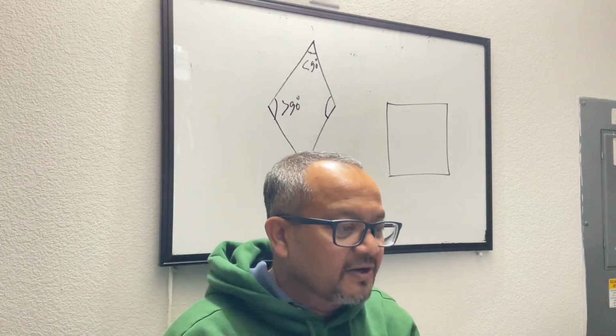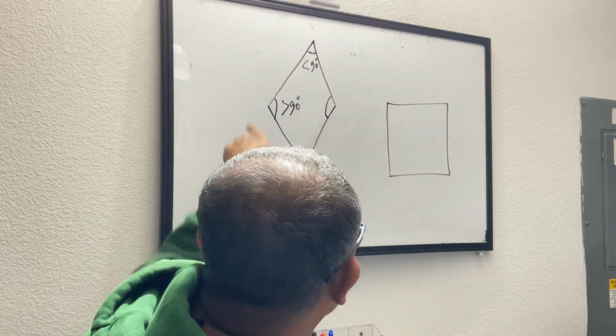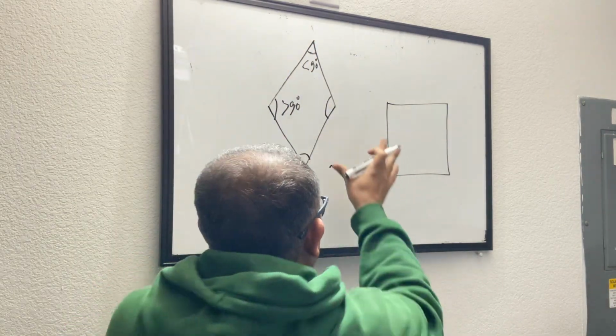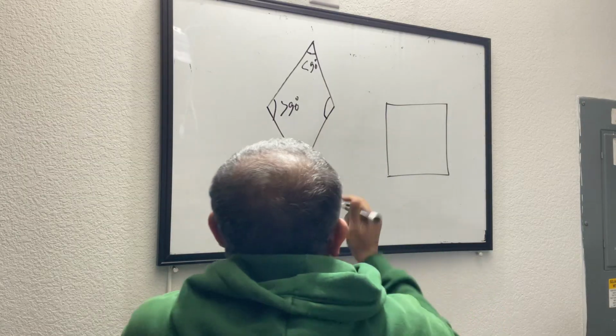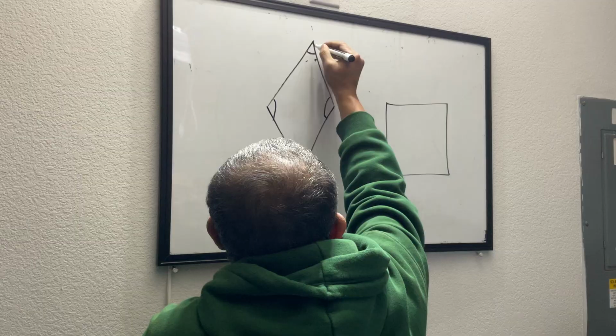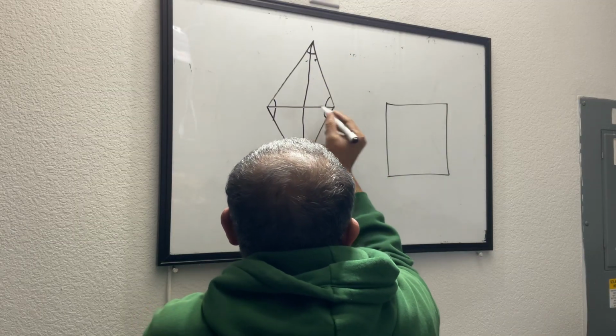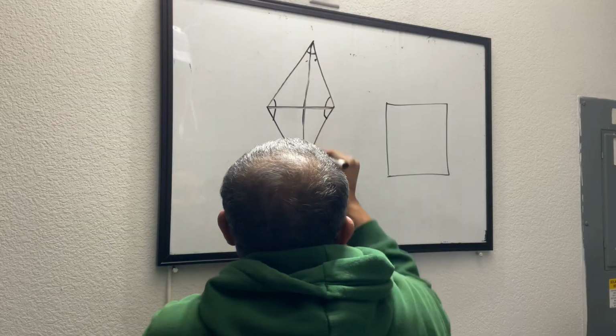So if somebody says find out the perimeter for rhombus, not a big deal. You will add four sides, all are same. But there is one more property of a rhombus that you need to be aware of, that is the opposite corners when you join them. These are called diagonals.